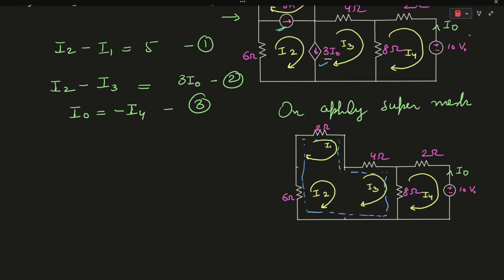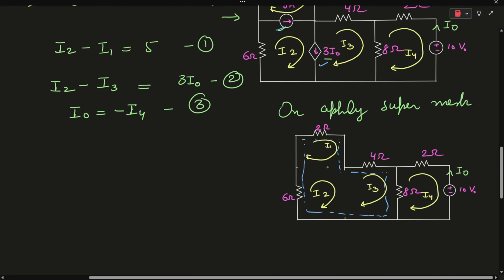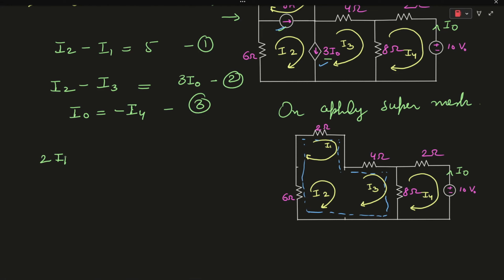On applying KVL, we can say that 2 times I1 plus 6 times I2 plus 16 I3 minus 8 I4 is equal to 0.